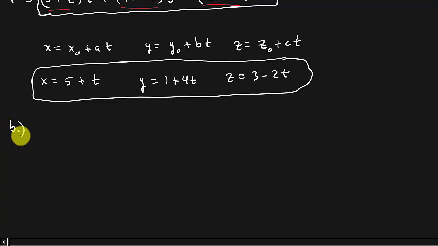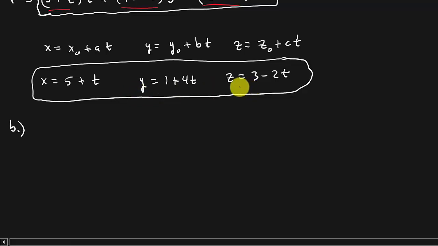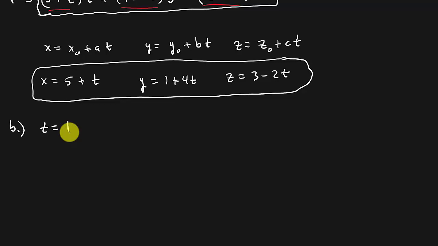All right, so let's find 2 other points on the line. Okay, well, I need an x, y, and a z, right? Well, what's my variable that's changing? That's t. So how about I just say t equals 1. Well, you might ask, why did you choose 1? Well, I just wanted to. You can choose whatever you want for t.